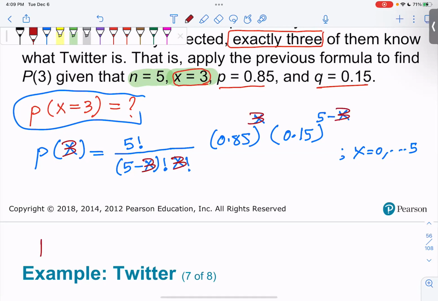So probability of x equal to 3 equals 5 factorial over 5 minus 3, which is 2 factorial, which is 2, and 3 factorial. And here we have 0.85 to the power 3 and 0.15 squared.